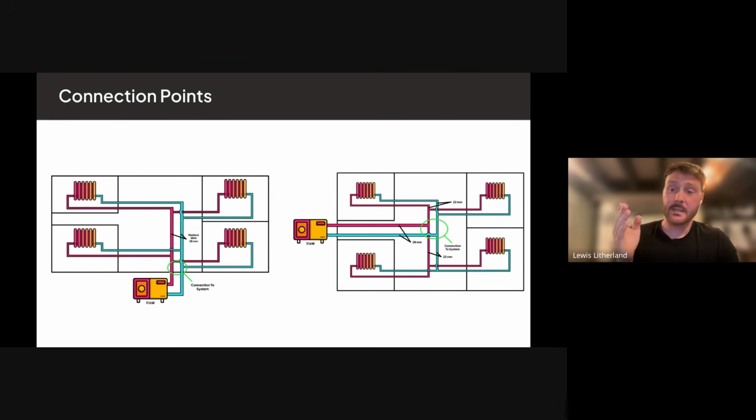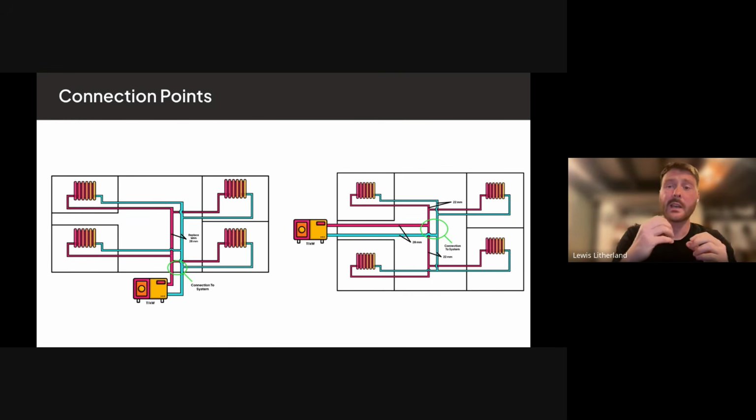If I went bang in the center of that load, and let's say this house was perfectly laid out nice and easy for me, where half was 5.5 kilowatts, you could keep them 2 bits of 22 millimeters pipe that you've just split in half there, rather than repiping everything, just for the fact of where you've connected that pipework in. Because if you think about this, you're not sending 11 kilowatts down to all them 4 rooms anymore. You're only sending 5.5 to them 2 and 5.5 to them 2. It's only the primary pipework that you're typically going to have to do anyway in a heat pump that you're going to connect in.